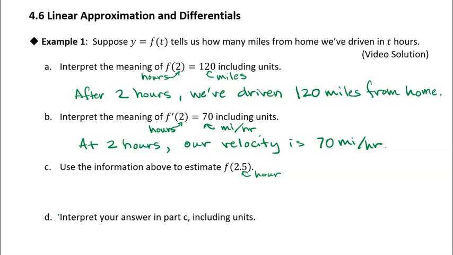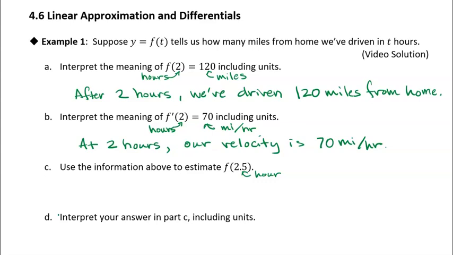Even without calculus, you would think, 70 miles per hour is 35 miles in a half an hour. So let's just add 35 miles onto 120, and we can figure out where we are.